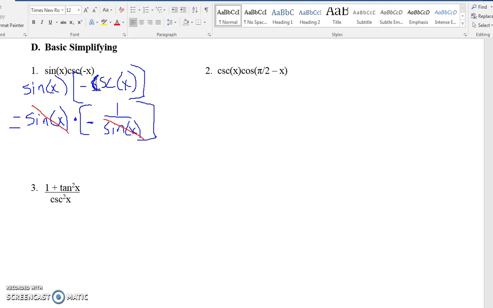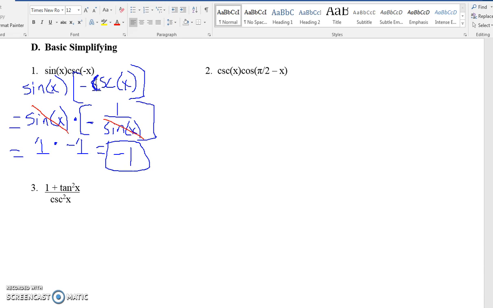As I do that, it's not like they just go away. It's kind of like we're left with a 1 there. Hopefully you're okay with that sort of idea. And 1 times a negative 1 just equals negative 1. So that's my final answer there.